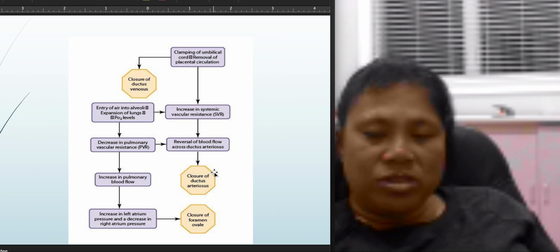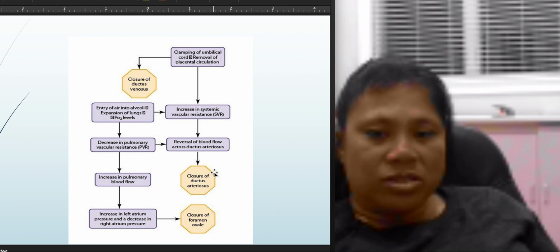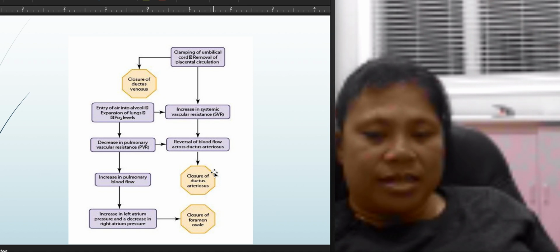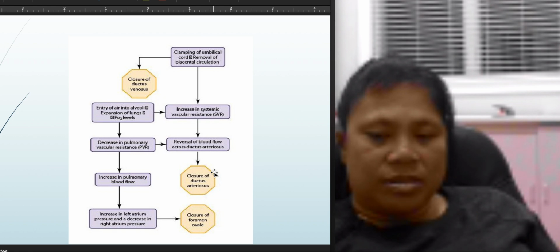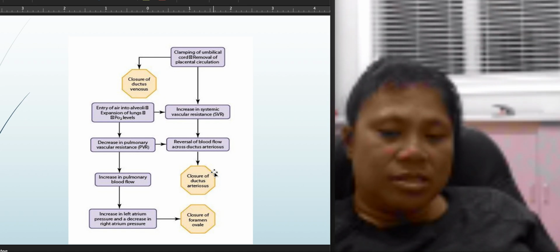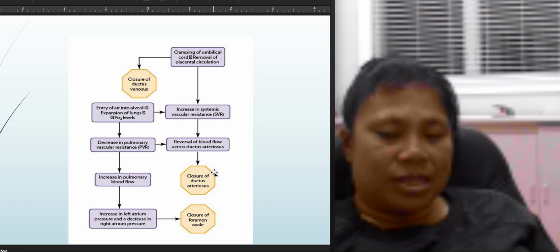You have the closure of the ductus venosus, and also the ductus arteriosus, and it talks about how these particular things happen in order. An increase in the left atrium pressure results in the closure of the foramen ovale. These three things in the heart close when the cord is clamped.